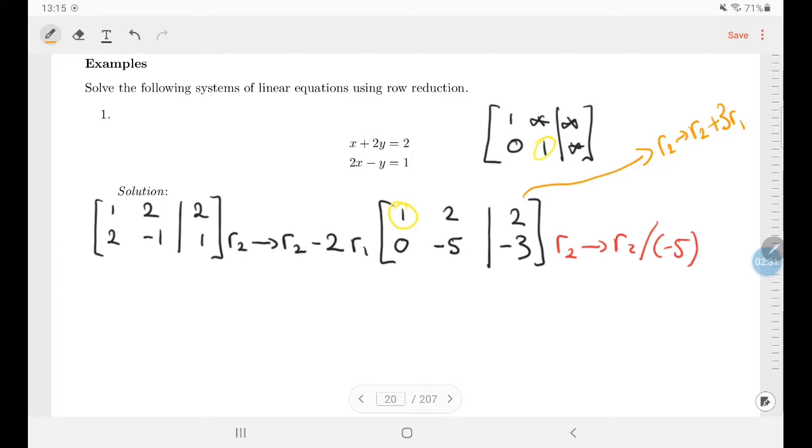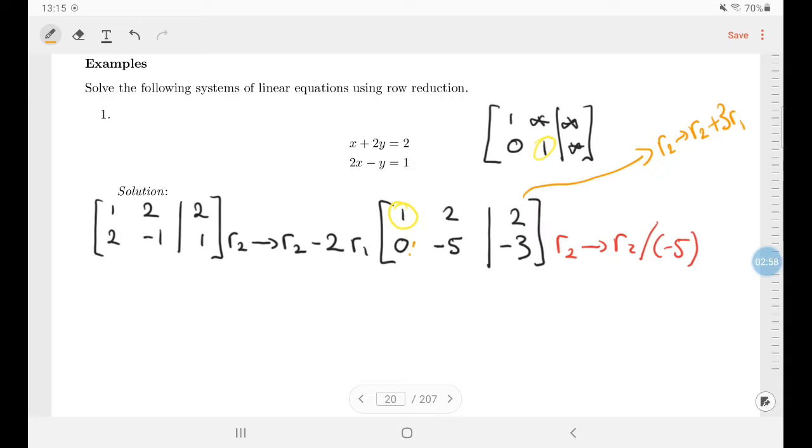And the reason I don't do that is because that would mess up this 0. While it would get the 1 I want, I would also have 0 plus 3 times 1, I'd get a 3. And I want a 0 here. So what you're doing is you're making pivots and using the pivot to kill everything underneath. And you make the pivot using division. Now sometimes there are shortcuts that do work, but this is one that doesn't work.